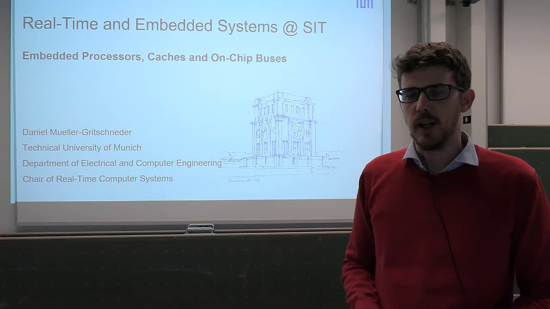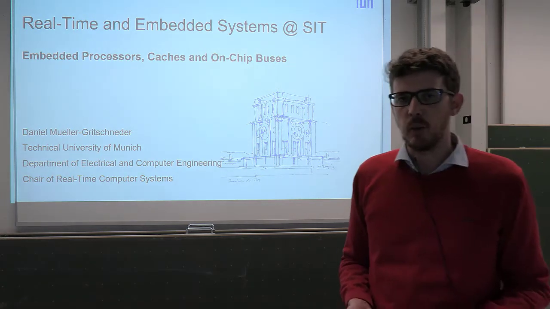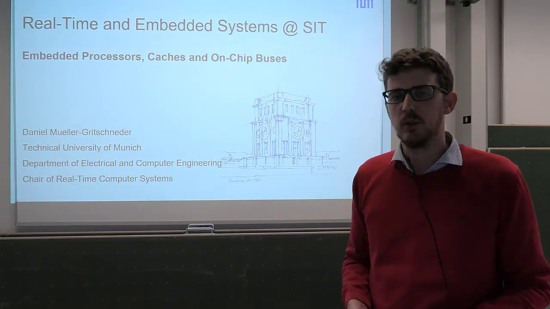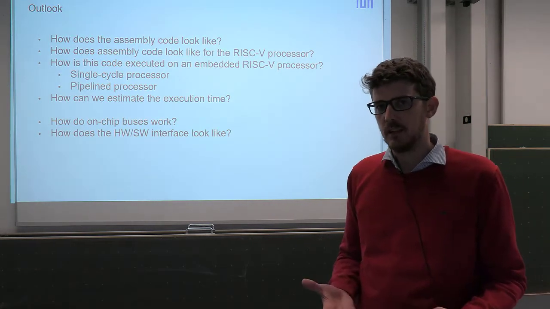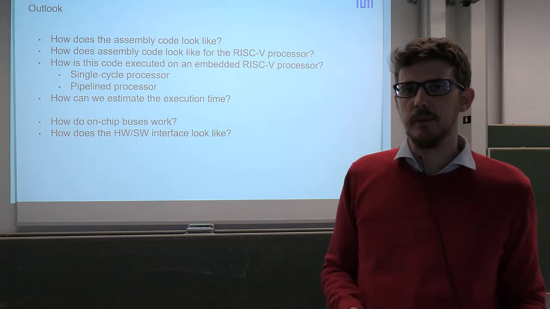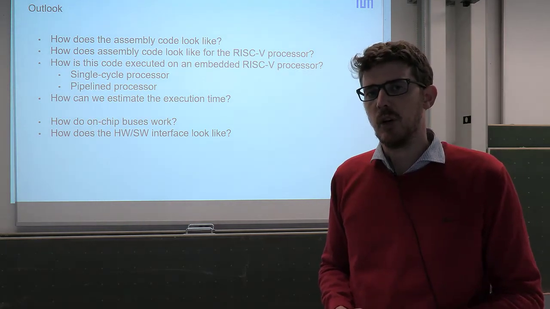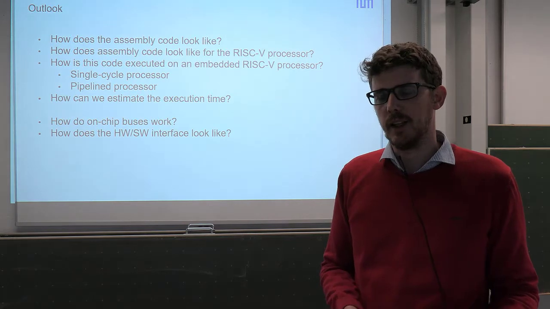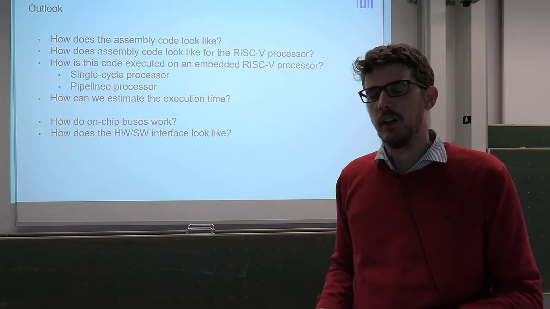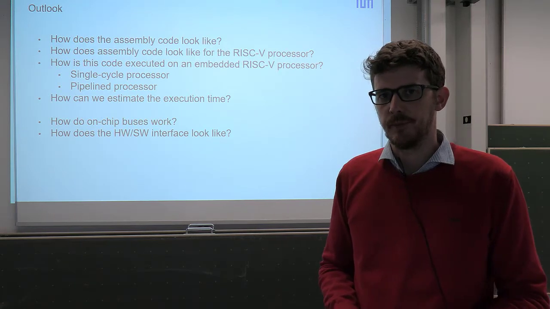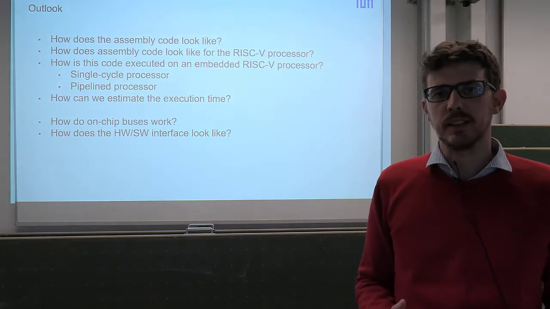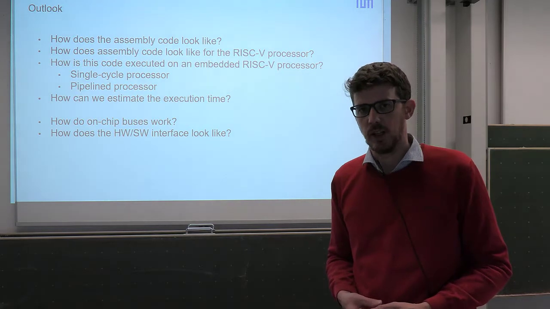Okay, good. So what we will be covering in about 2 days will be, you have seen how to program in C. And what you also have seen is that the compiler will take the C code and emit assembly code for your target processor. So we'll have a look into how this assembly code looks like.